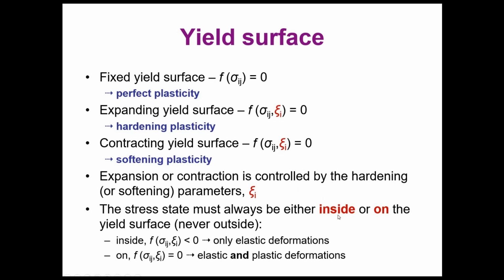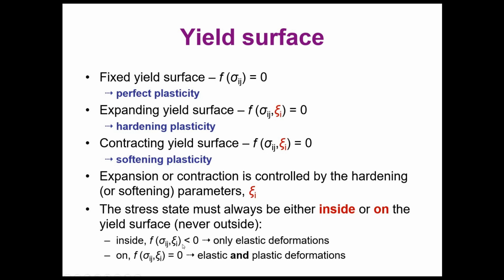So again, here I stated that the stress must stay inside. When it is inside the region defined by the yield surface, you will have elastic regime. When you are on it, you will have plastic regime, but you cannot be outside this area or volume created by this surface.